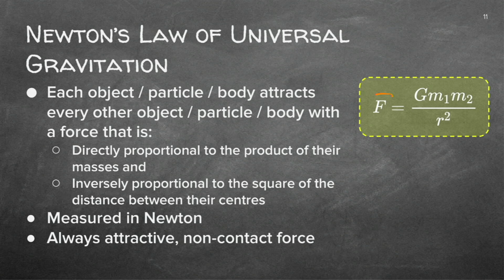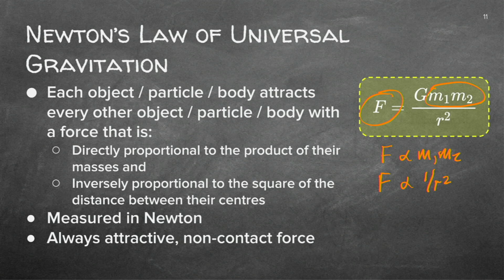Do you remember that you've done the force between two masses? And we did that when we did gravity. Newton's law of universal gravitation was derived in exactly the same way that we now did Coulomb's law. It was directly proportional and it was inversely proportional.